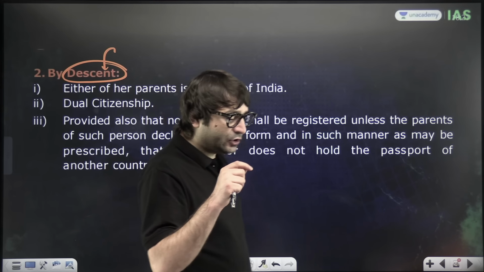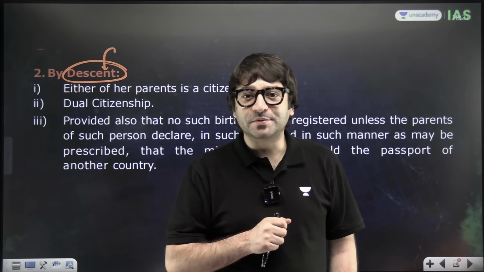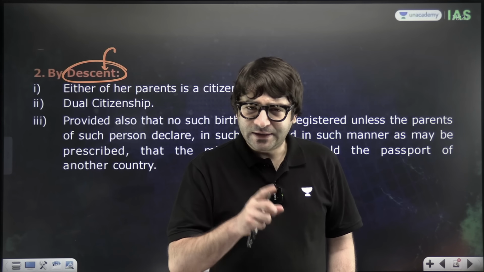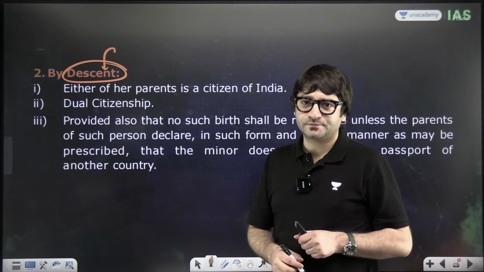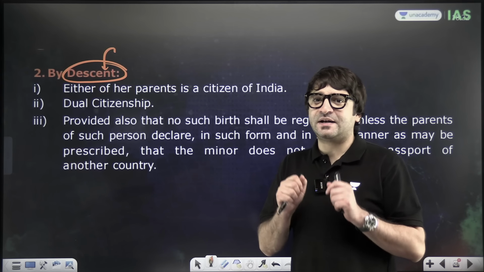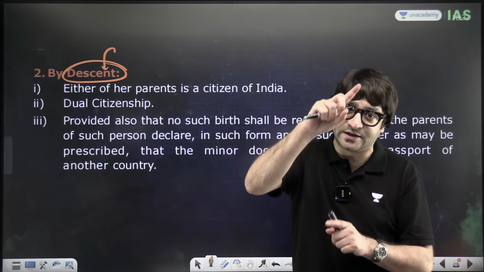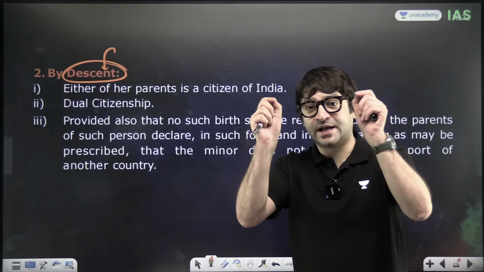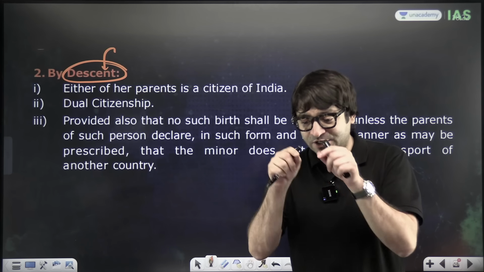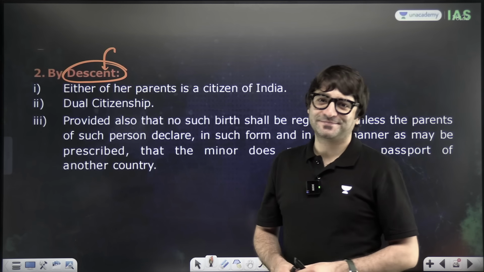I told you we do not follow dual citizenship. There is one exception to that. This child who is born to an Indian parent or Indian parents outside the territory of India, if born in a country where they recognize dual citizenship, this child will have dual citizenship.